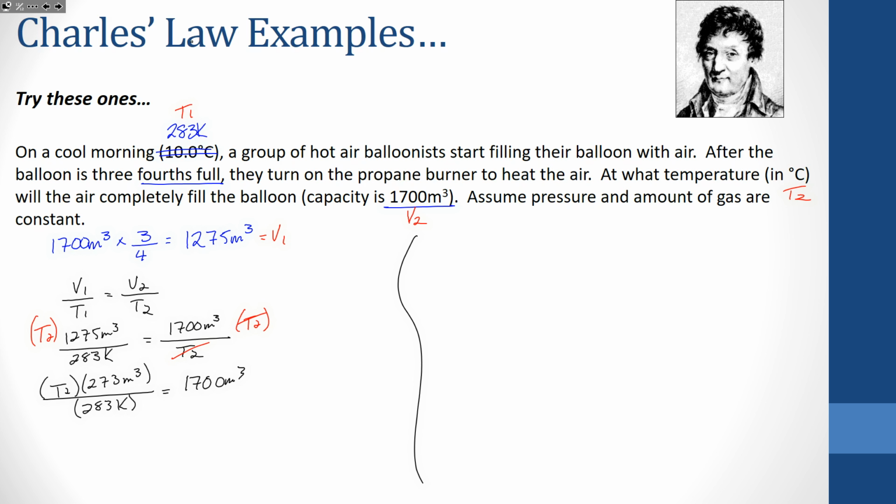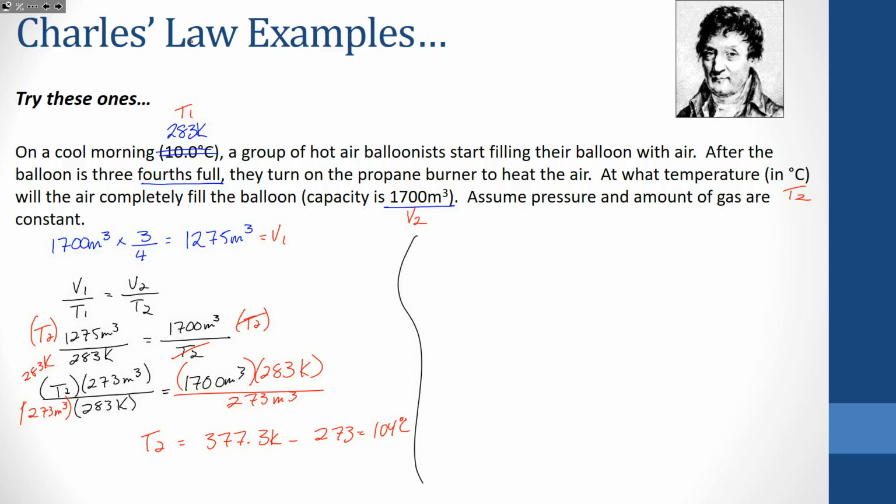Now we divide both sides by 1275 meters cubed and multiply both sides by 283 Kelvin. So T2 is going to equal 377.3 Kelvin, and we take away 273, and that gives us 104 degrees Celsius.